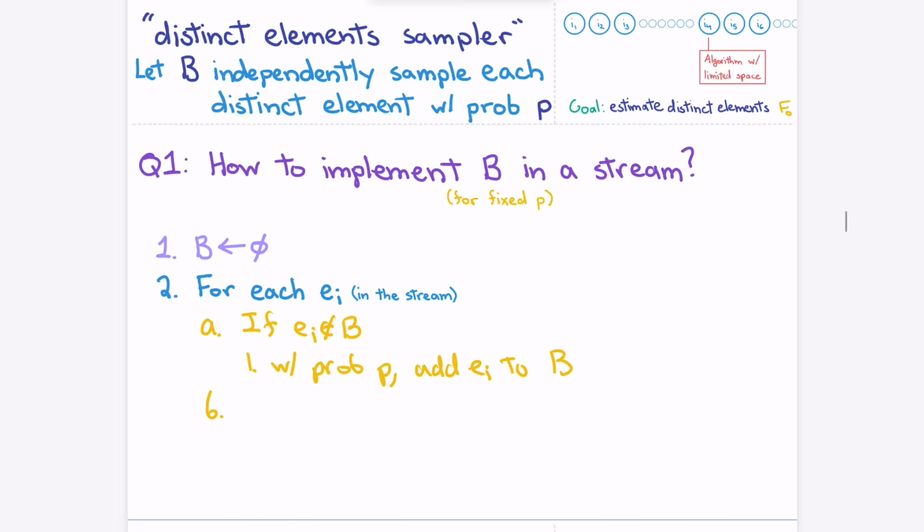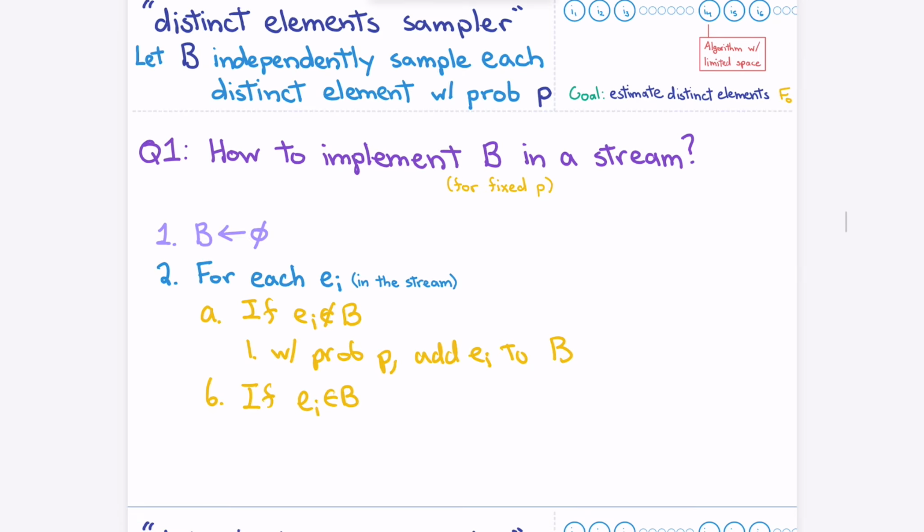Okay, so if e_i is already in B, then with probability 1 minus p, maybe remove it? Yeah, something like this. But what's the intuition? The issue is what happens when an element appears twice, the second time. It seems a little bit tricky, right?